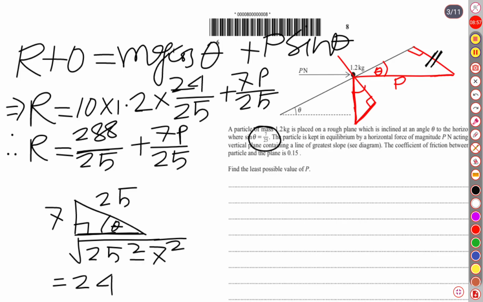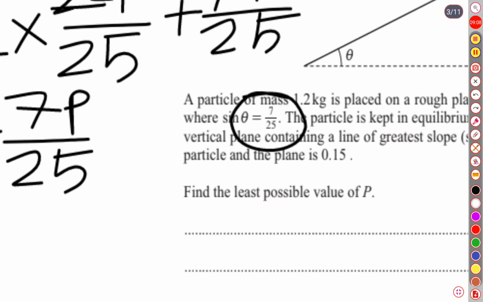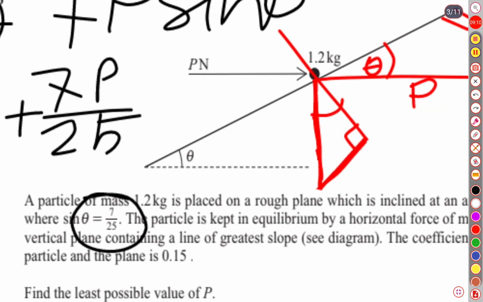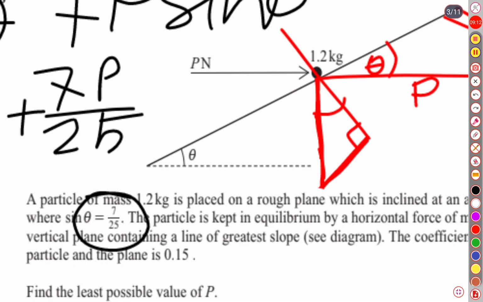Then they have told us to find the least possible value. So what does least possible value mean? Least possible value indicates that the particle was naturally supposed to move down. Look at this, the particle was supposed to move down in this direction.